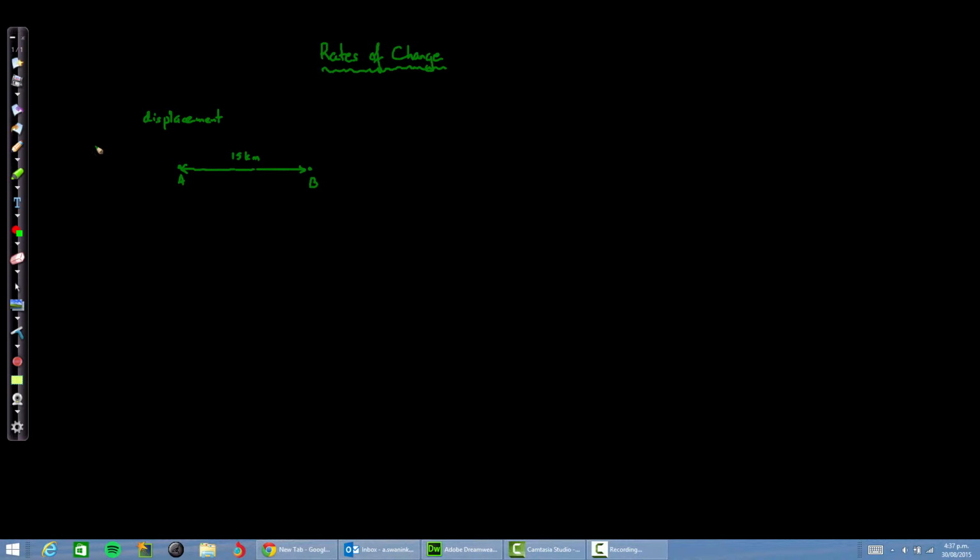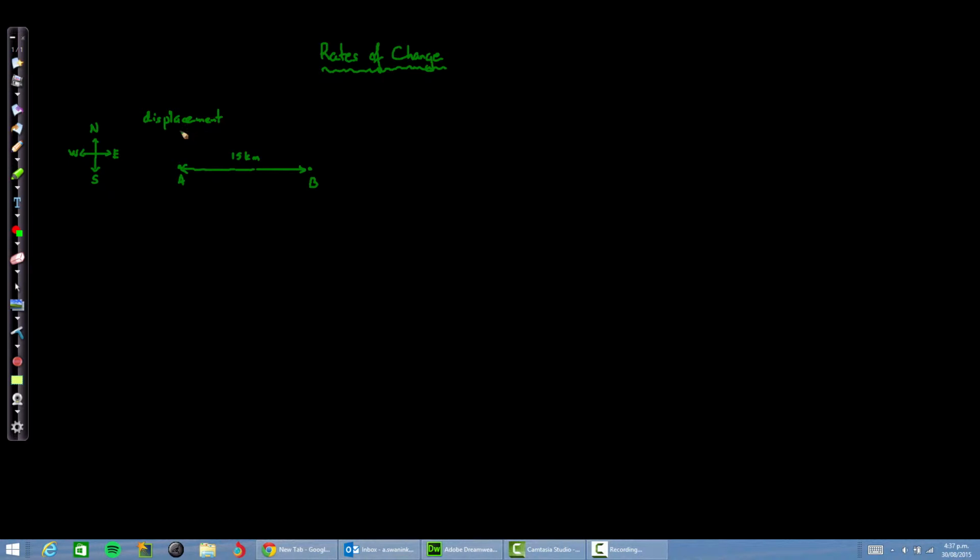Okay, and let's put a little bit of compass directions in here. Let's say that that is directly north, and our usual compass directions west and east and south there as well. Now, if we talked about the distance of town B from town A, we'd quite rightly say it's 15 kilometers.